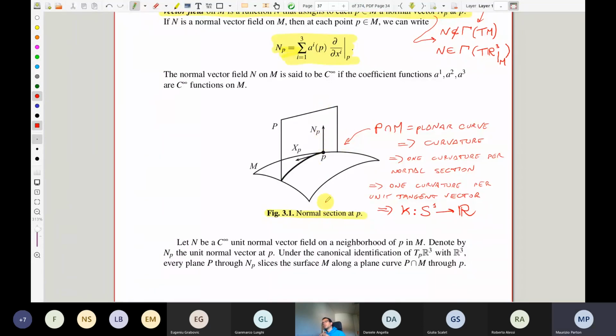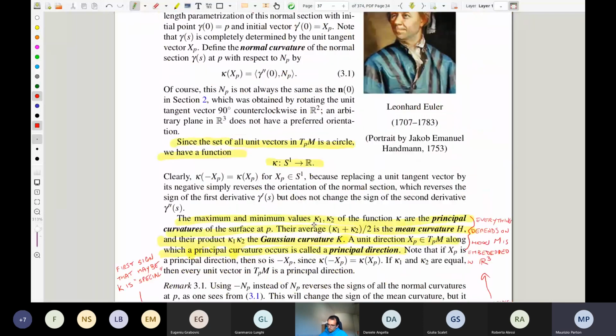If you reverse this, they switch sign. Of course, we already said this for curves. And then what happens to the mean curvature? It switches sign. And to the product, nothing happens. So, maybe it's not important, but at least it rings a bell.